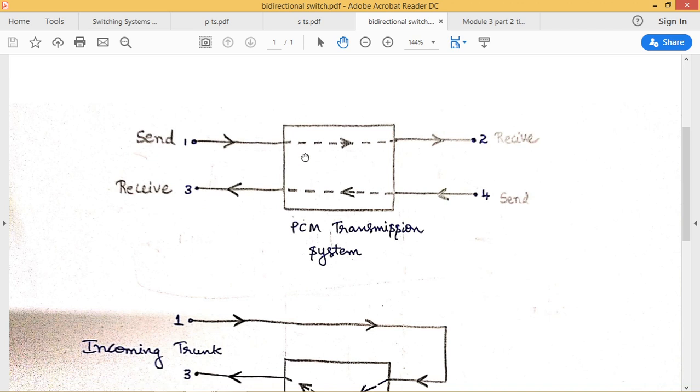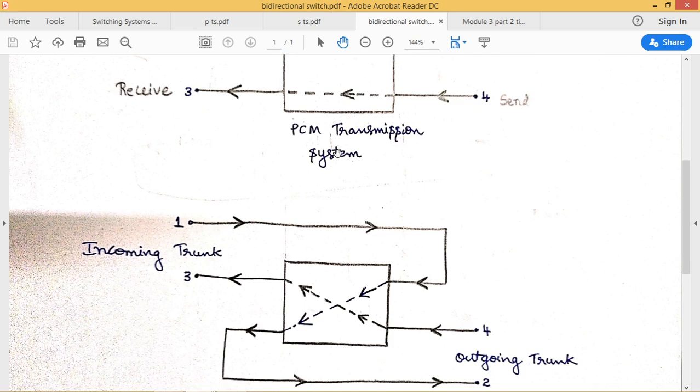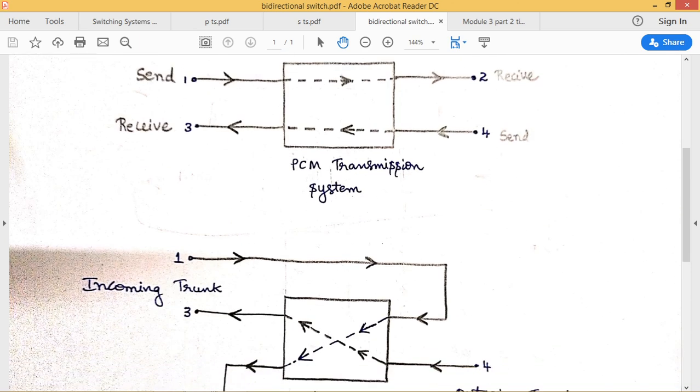Instead of having two different networks, STS or TST, on both sides, we can utilize a single STS or TST network.